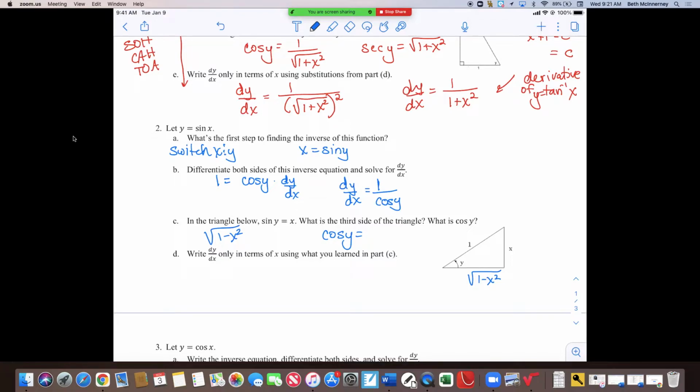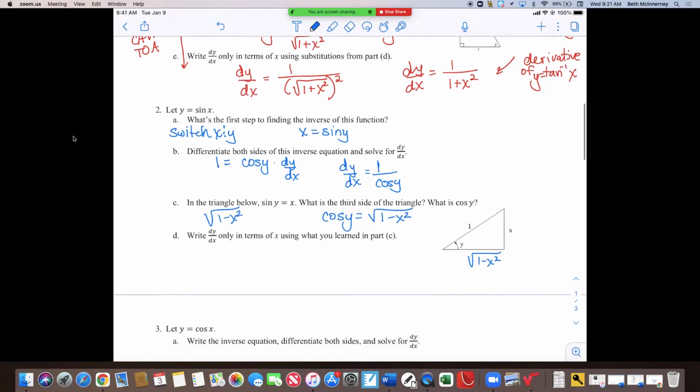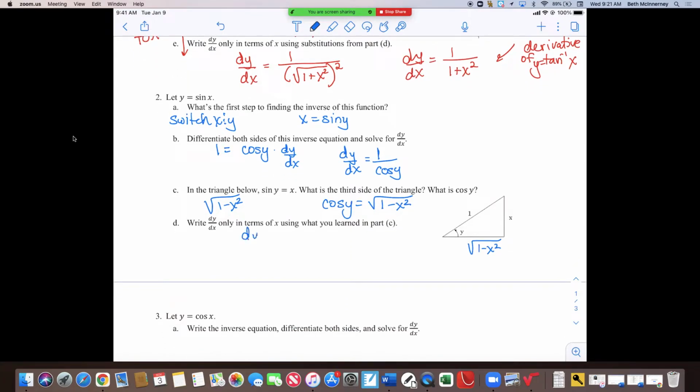Think of SOHCAHTOA. Good job. So now, let's go back to our dy dx and replace cosine y so that it is in terms of x. So this, in fact, is the derivative of y equals inverse sine of x.